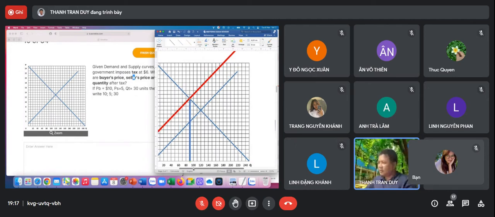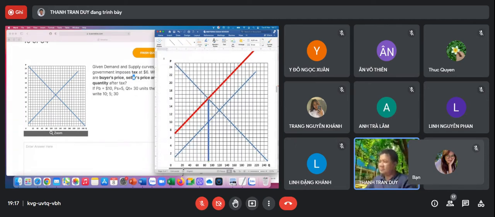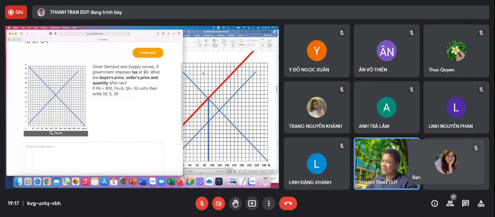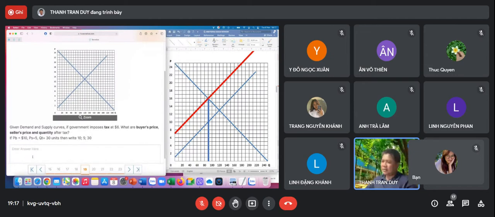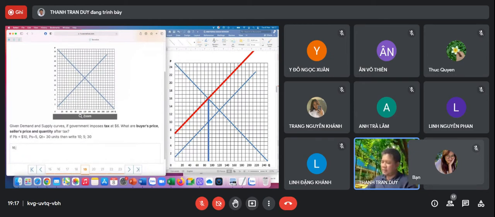Exactly, right? 16. And the seller price? 7.